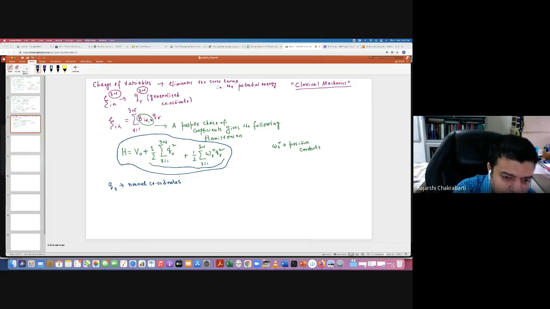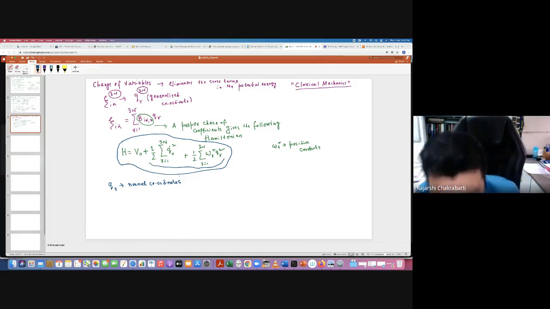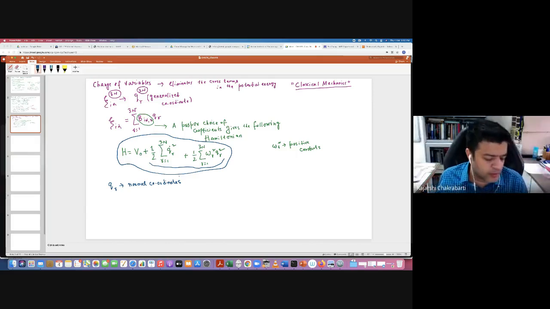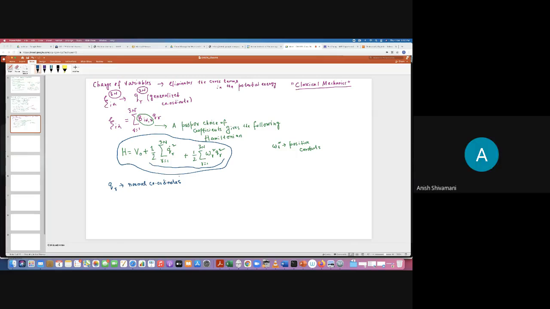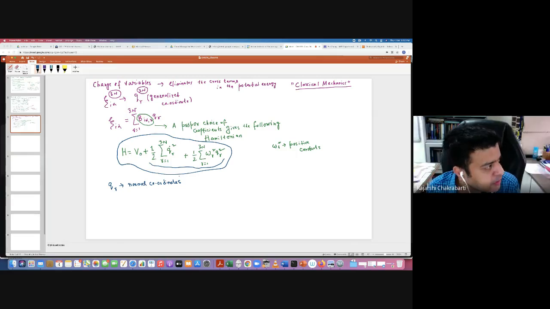And if you are looking at the vibration in this coordinate, this is called normal mode of vibration. You know from your spectroscopy class or some course. So in normal coordinates, each coordinate vibrates independently of each other, and they're harmonic and independent.